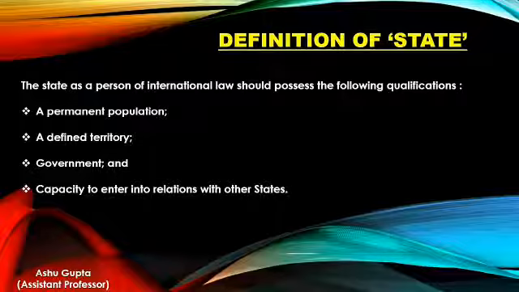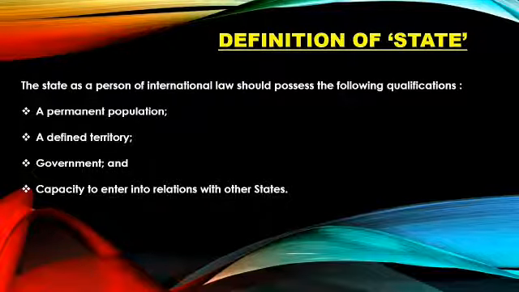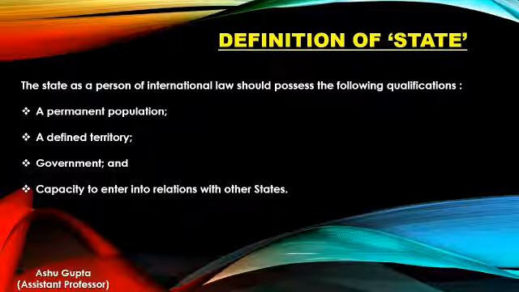And the next one is the capacity to enter into relations with other states. Basically, without having capacity, no one can exist in person or in international law also. So the capacity to enter into relations with other states is an attribute of the existence of an international legal personality. A state must have recognized capacity to maintain external relations with other states.